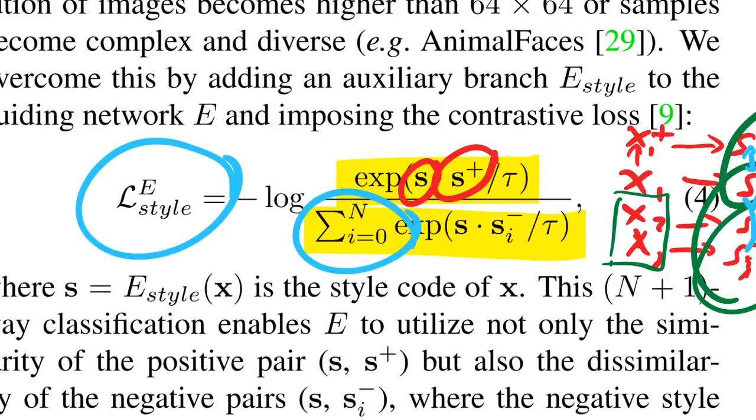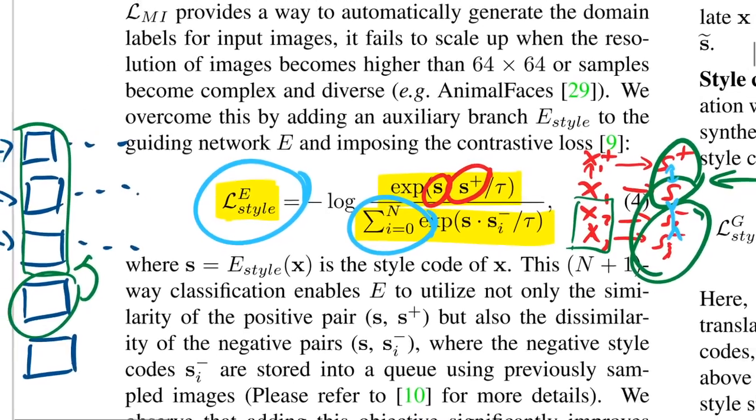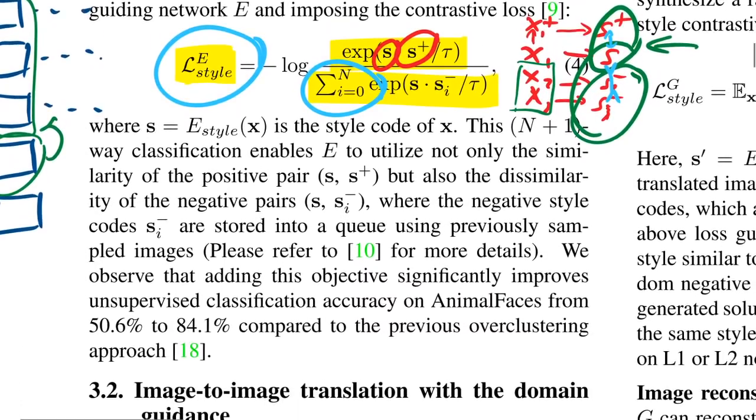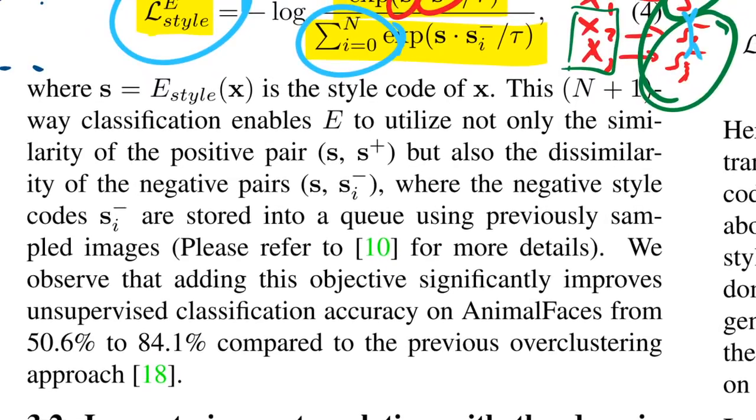And that's why the style is basically individual to the image. But as we're going to see, the style does capture something of the domain as well. But this loss right here is supposed to be each image has a style, right? So this is the style code of X.